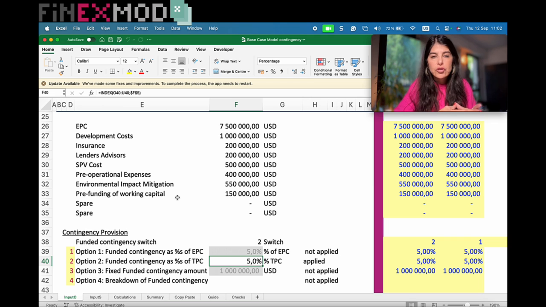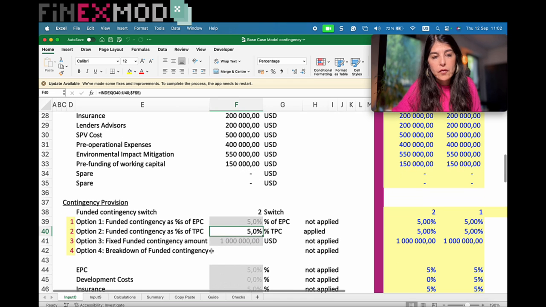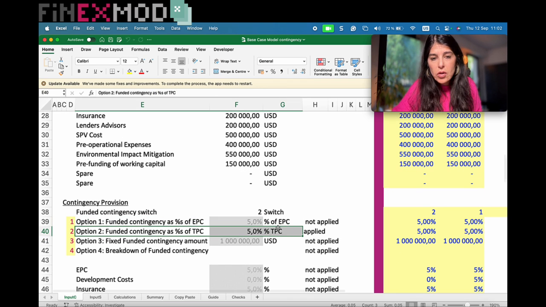Like if you didn't hedge, your interest rate might go up and down. So they recommend to also have a contingency provision on the financing costs as well. So it is defined here as a percentage of total project cost.